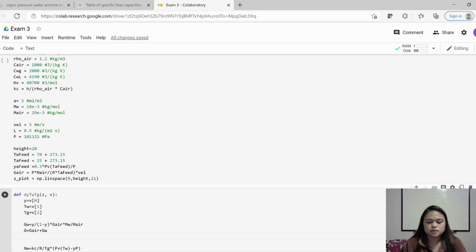And so the average molecular weight would be the gas flow rate of the air plus the gas flow rate of the water, and put that all over the gas flow rate of the air over the molecular weight of the air, plus the gas flow rate of the water over the molecular weight of the water. Don't need that parenthesis.